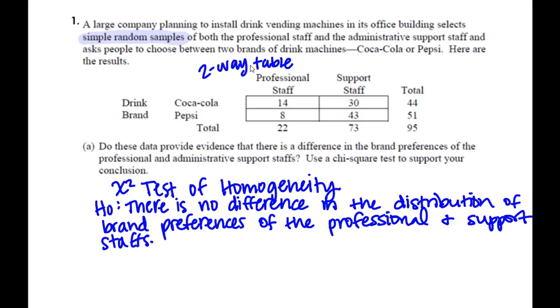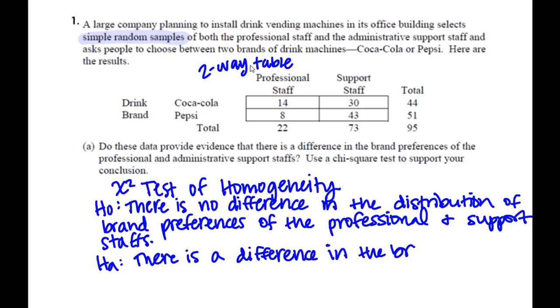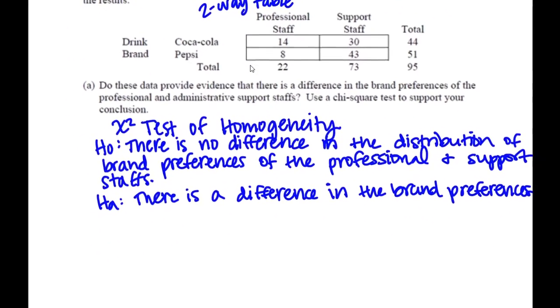And then for our HA, we say there is a difference. You can just copy exactly what you wrote for the H0 and put a difference instead of no difference, or you can paraphrase a little like I did there.